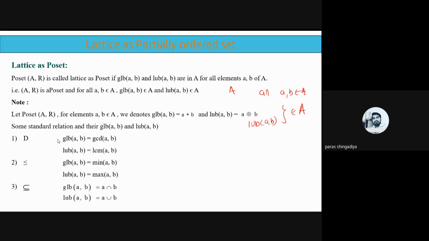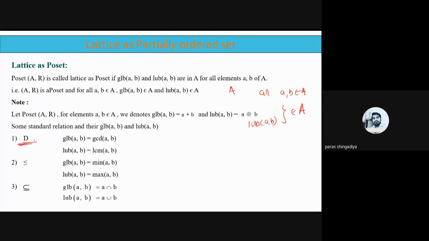For GLB of a, b, we'll identify the GCD of the two numbers, the greatest common divisor. And to derive the LUB of a and b, that is equal to the LCM of a, b, the least common multiple. So we'll use GCD and LCM to find GLB and LUB for which relation?